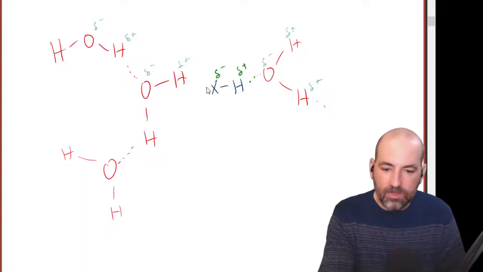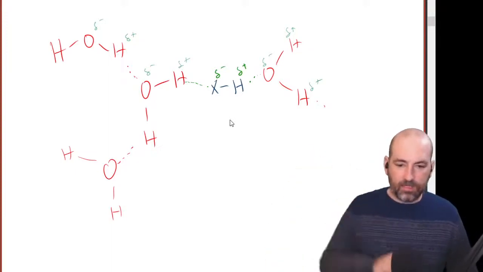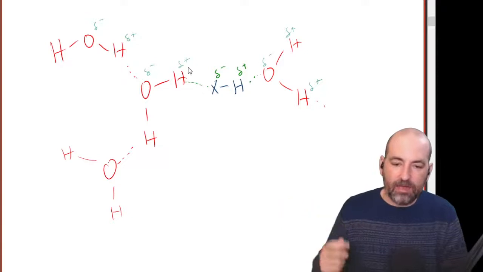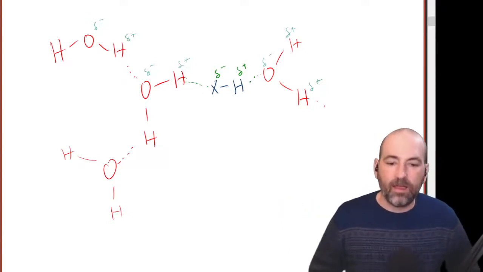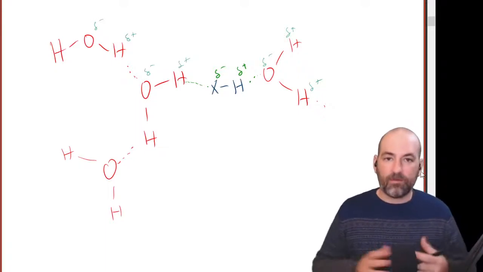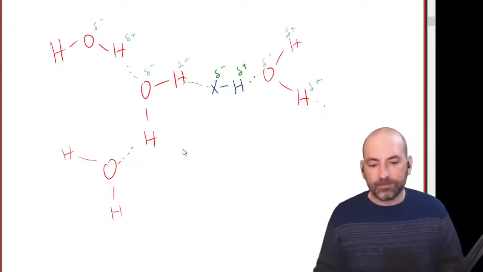Now we can make some new intermolecular interactions with the HX that would fit in really nicely, because we still have negative, positive, negative, positive. We still have that same idea where negative and positive are alternating and therefore attracting each other between molecules. So that fits in very nicely.